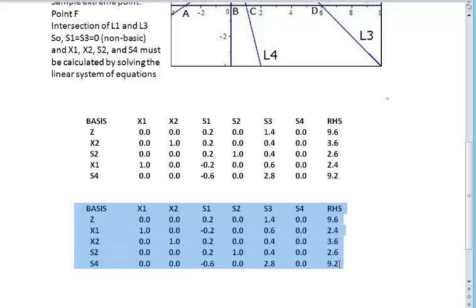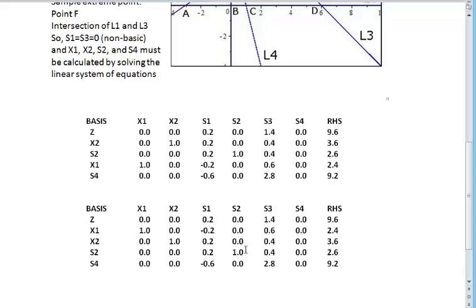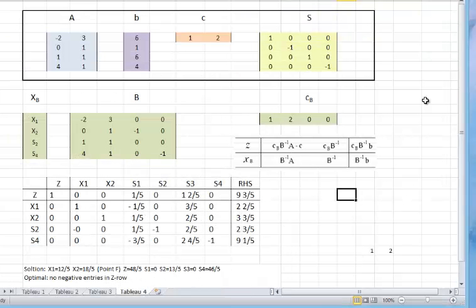So at this point we are going to take a look at something that we did in previous videos. In this case, I will write the matrices that are involved: matrix A, column vector B, row vector C, and the S variable entries.